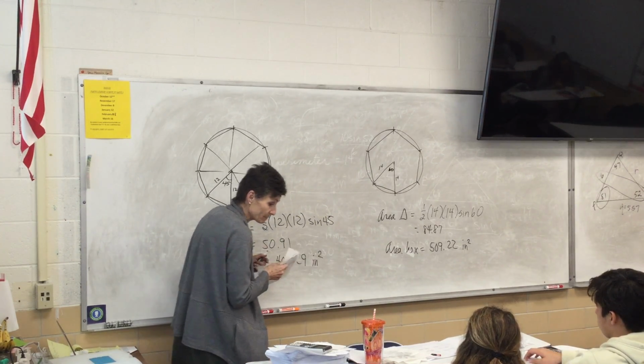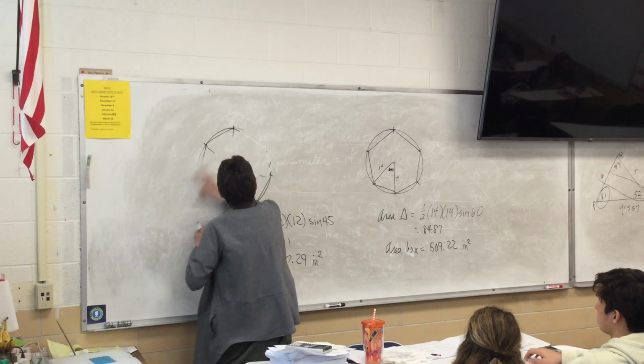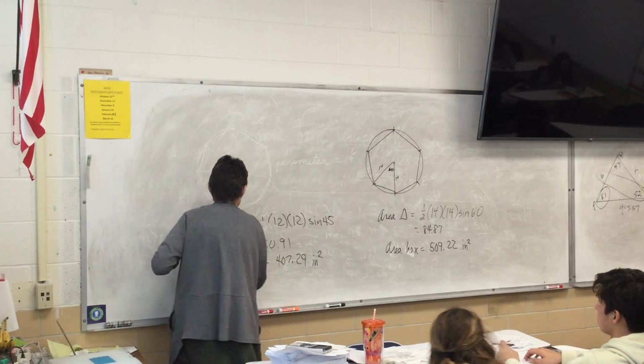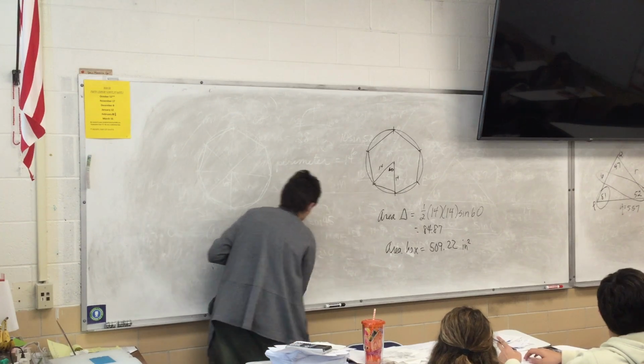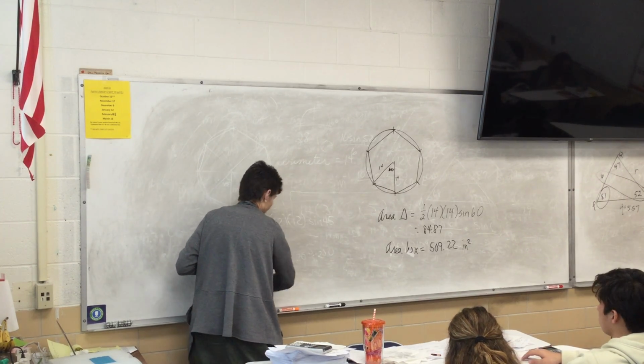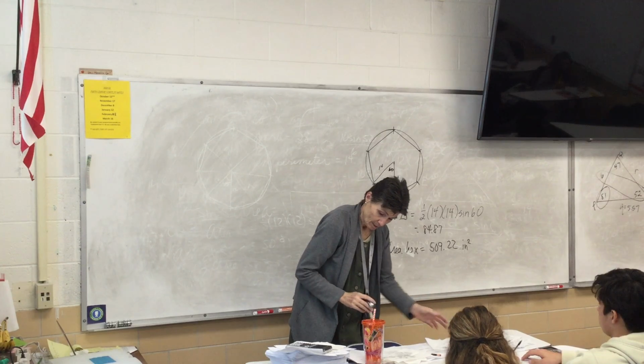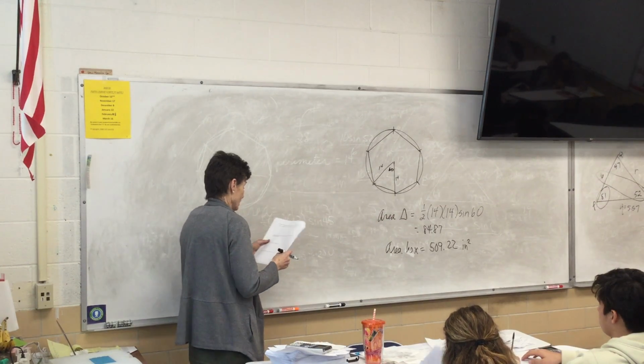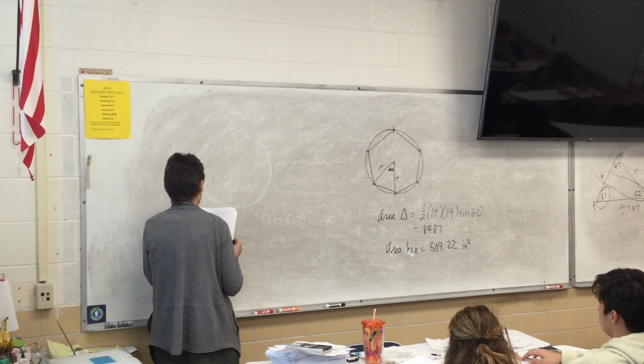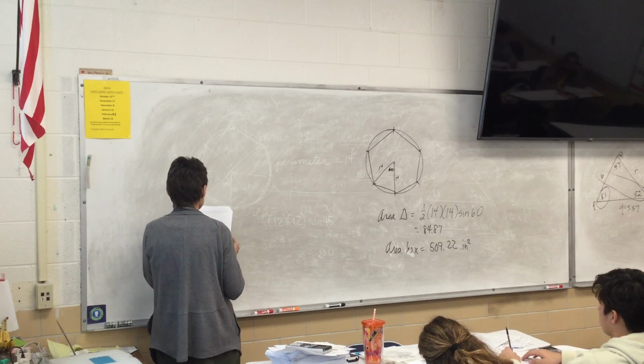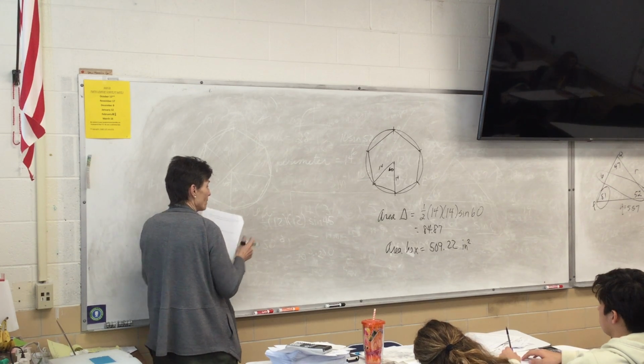Okay, so now we have to do 2 and 3. And 2 and 3 involve, oh my, wait. Find the length of a shorter diagonal of a rhombus.